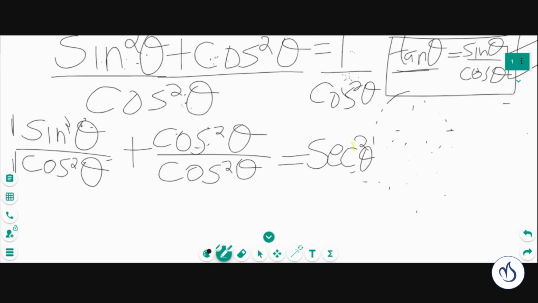I'm not going to write it again. So if each one of them is squared, also the tan will be squared. So tan squared theta.